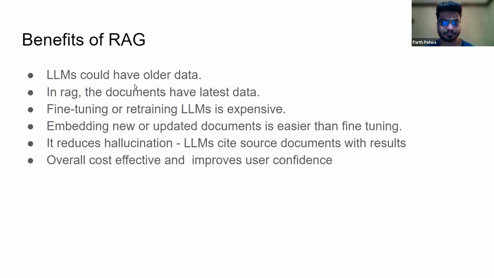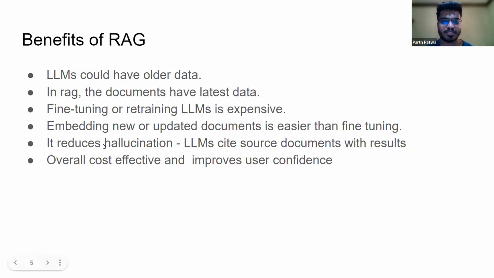So as I said, LLMs could have older data, but in RAG, the documents have the latest data. And if you are to fine tune or retrain an LLM, it is an expensive process. But if the documents get updated, then indexing them again is a much easier and cheaper process.